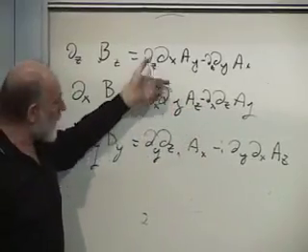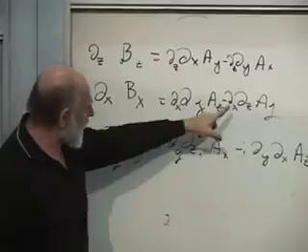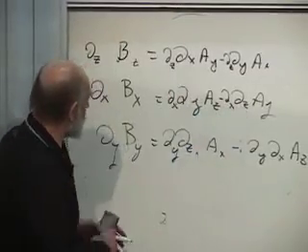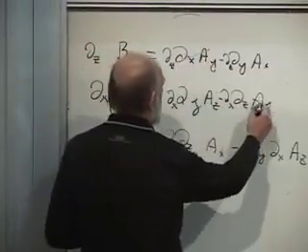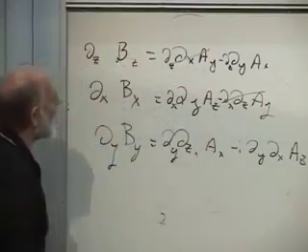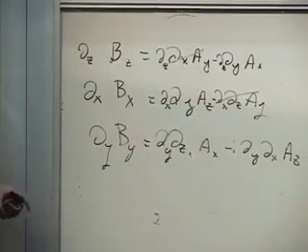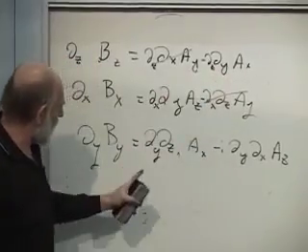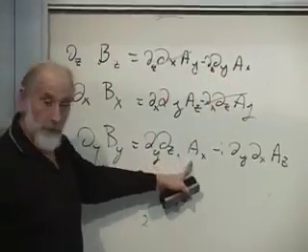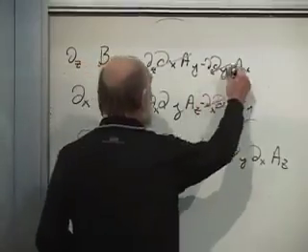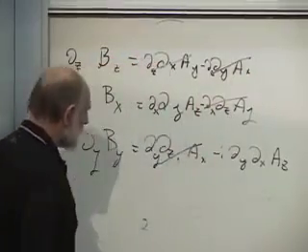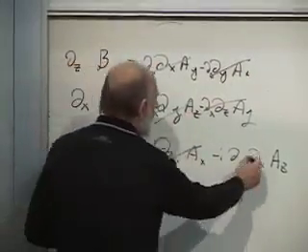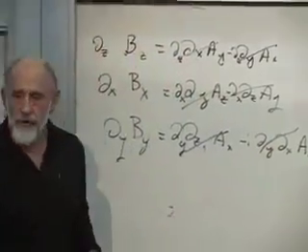The order of differentiation is immaterial, and so this term and this term cancel. And so it goes. Let's do one more. dz dy Ax with a minus sign, dy dz Ax with a plus sign. These cancel, and so it goes. All of them cancel.